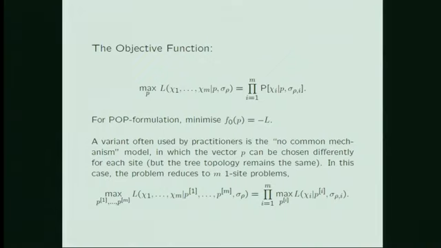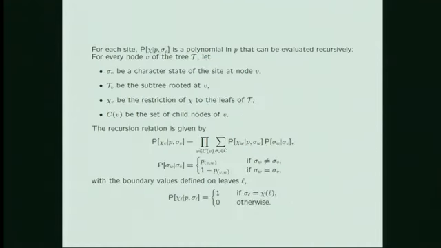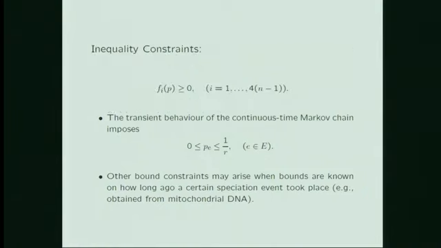We can set up the likelihood function, which you can easily evaluate by recursion using the tower law. And then we get inequality constraints from upper and lower bounds on the probabilities.